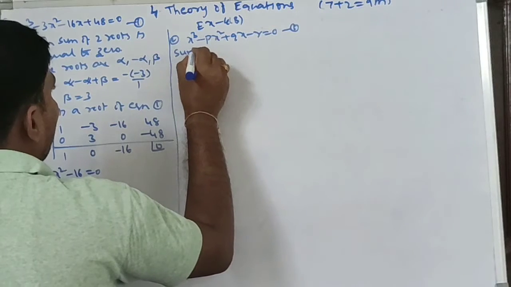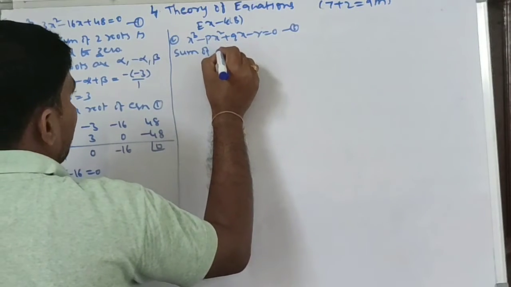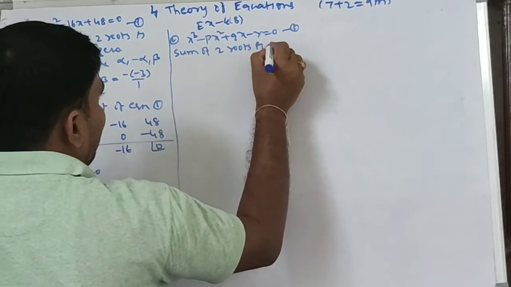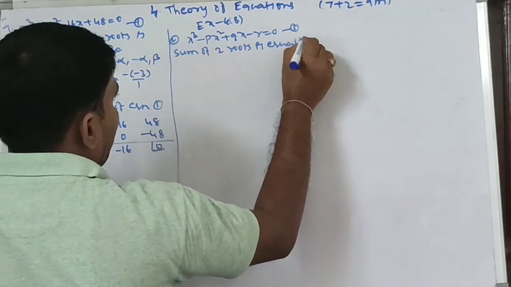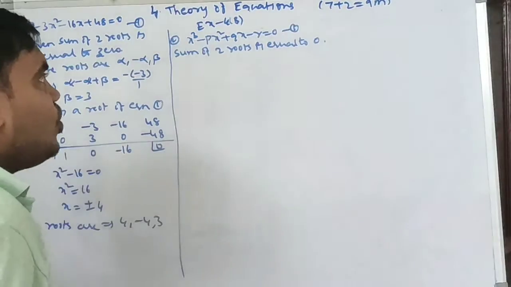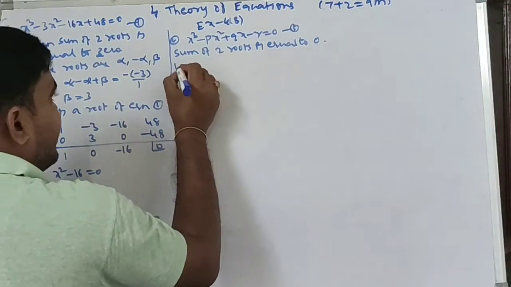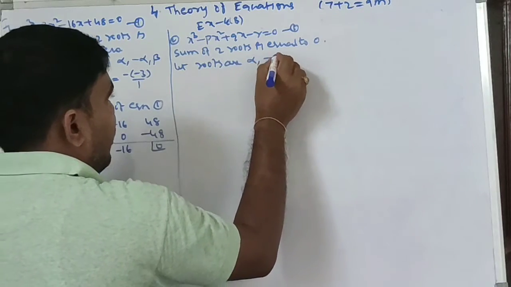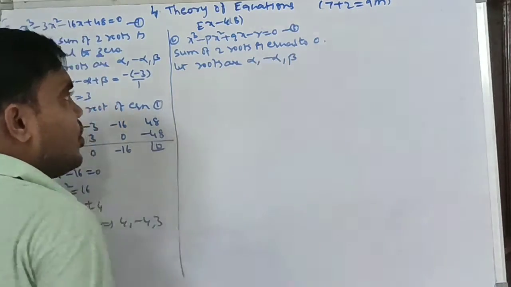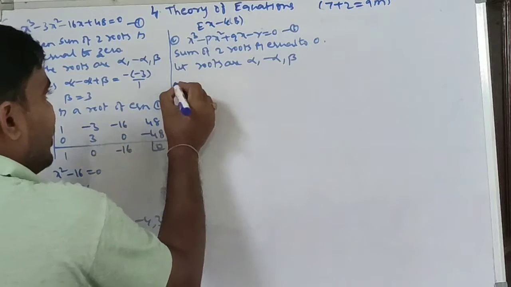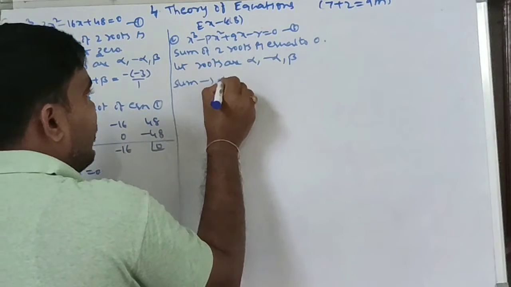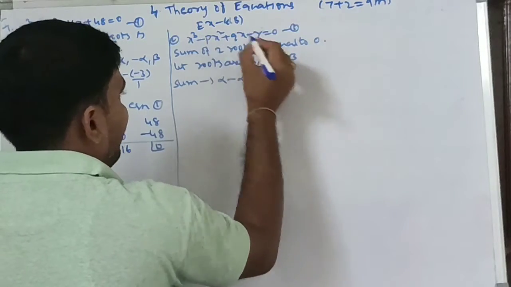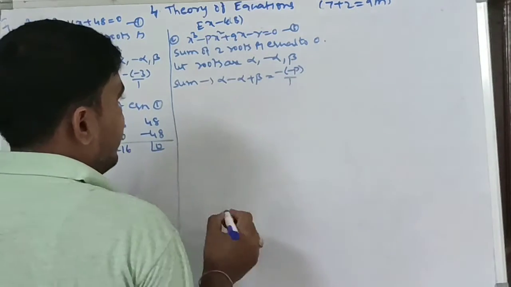Sum of two roots is equal to 0. Let the roots be alpha, minus alpha, beta. The sum of these two is equal to 0. So the overall sum alpha minus alpha plus beta equal to minus of minus p by 1.